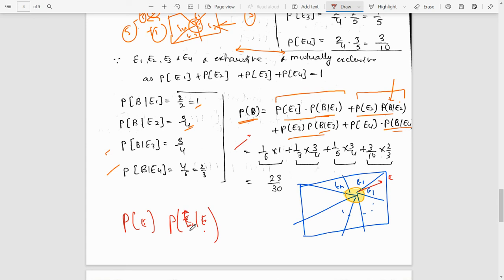You can simply generalize this by Ei: what is the probability of occurrence of Ei when E has already occurred? This simply means that if E is happening, then what is the probability that it has happened due to this particular event i? Okay, so this is how Bayes theorem is computed and understood.